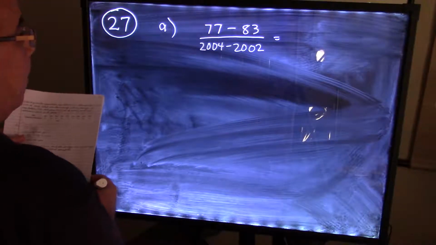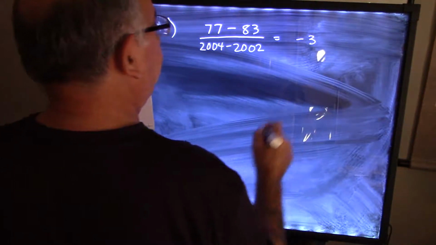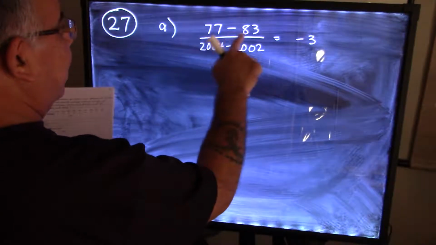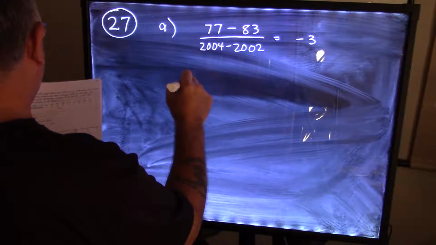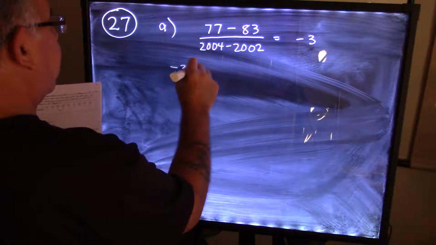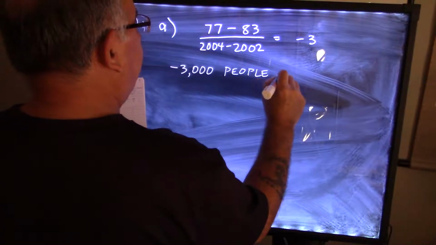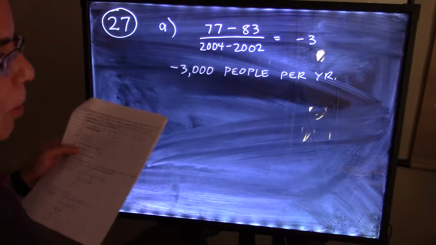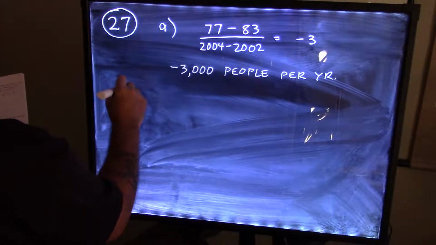If you punch that into your calculator, you get -3. Again, these are all in thousands up here on top. So the average rate of change between 2002 and 2004 would be minus 3,000 people per year. In other words, they're losing people. It's negative.